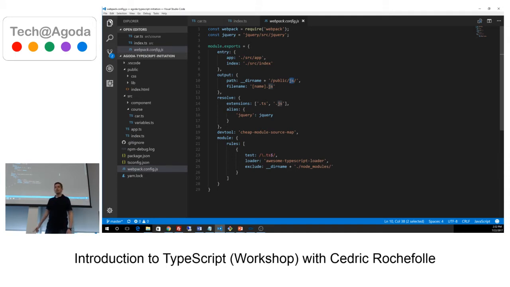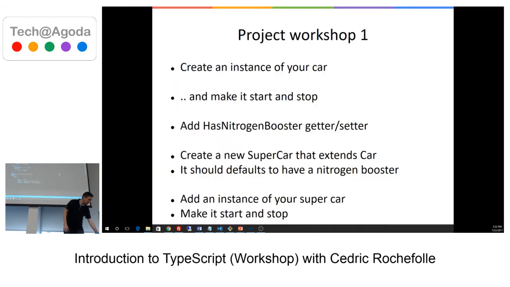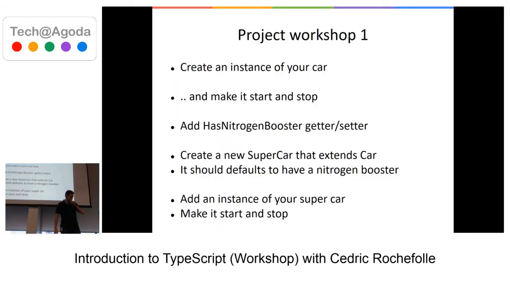Are we good? We can move to the next bit. We have created our interface, our car. We make it run. Everybody can make it run. Let's create the as nitrogen booster property. Here, over there, as nitrogen booster.